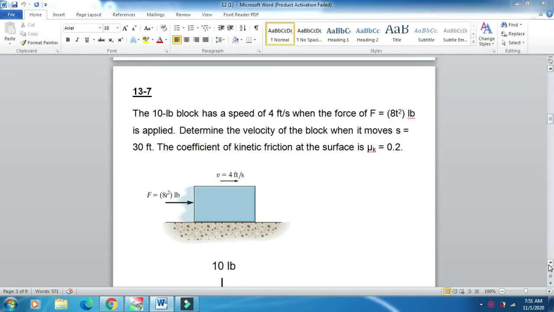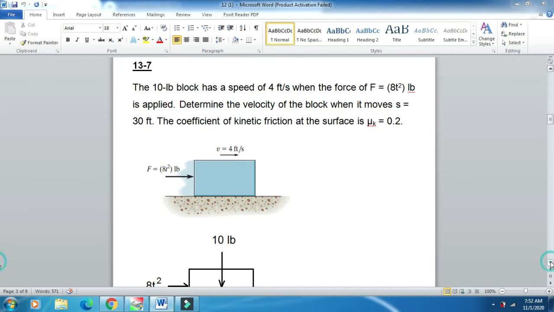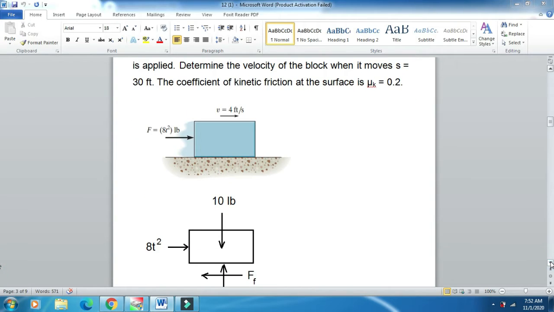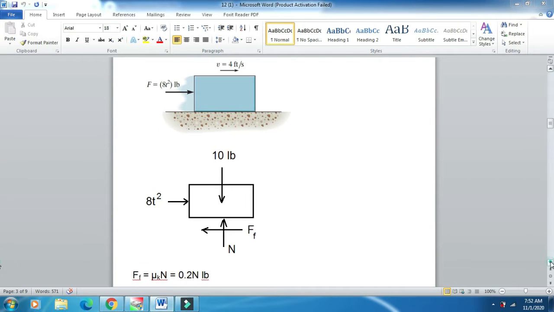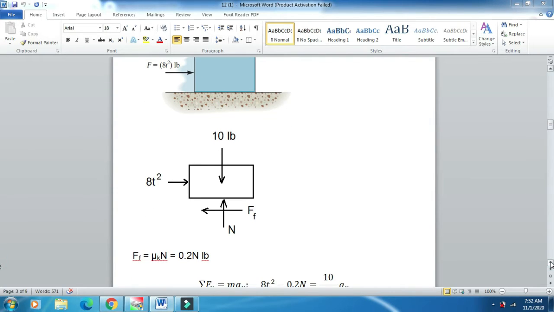Since the force is variable, it can result in change in velocity or acceleration. So we have to find when the block moves 30 feet, what will be the velocity. You can see the forces on the block. One is the applied force, which is 8t square.